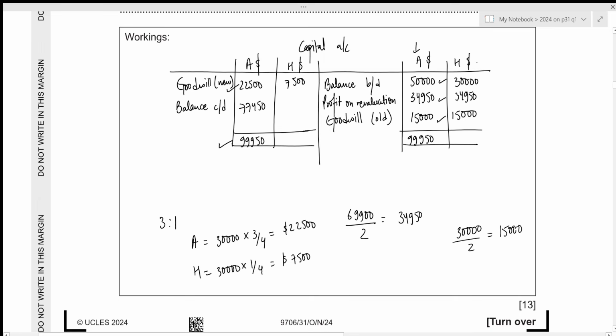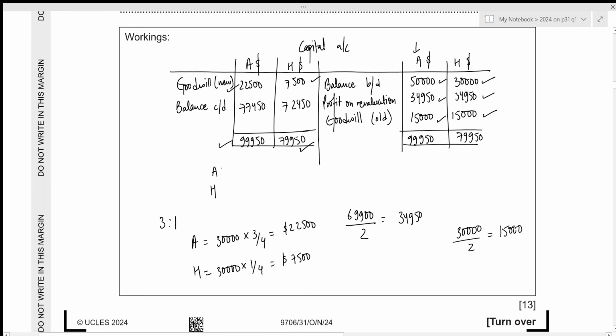Now for the total for Harry on the credit side, that will be 30,000 plus 34,950 plus 15,000. That will be equal to 79,950. Then the closing balance will be 79,950 minus 7,500. Which results in 72,450.